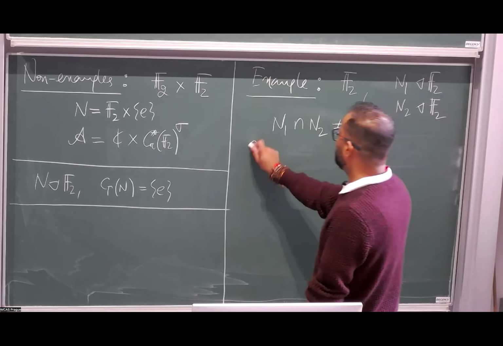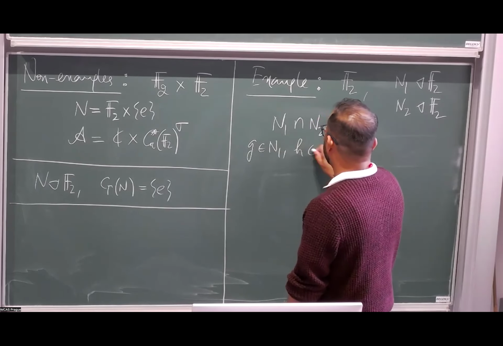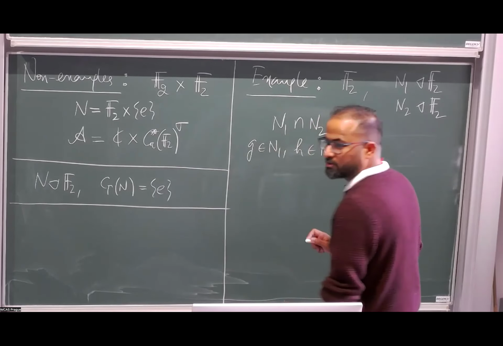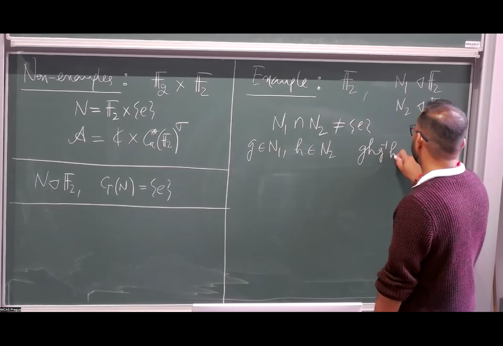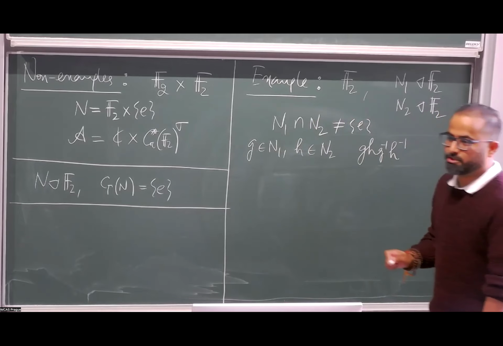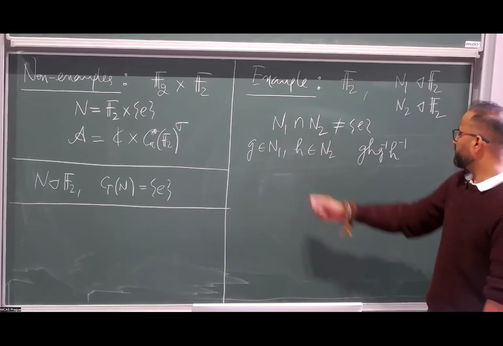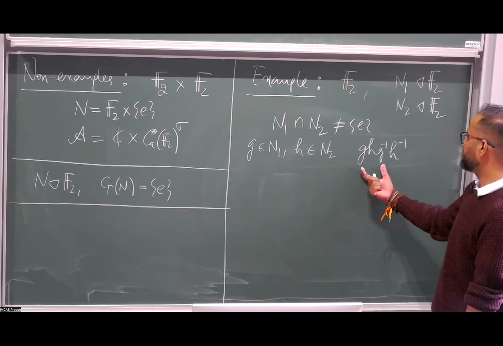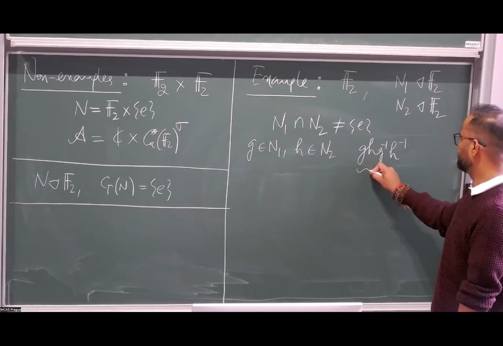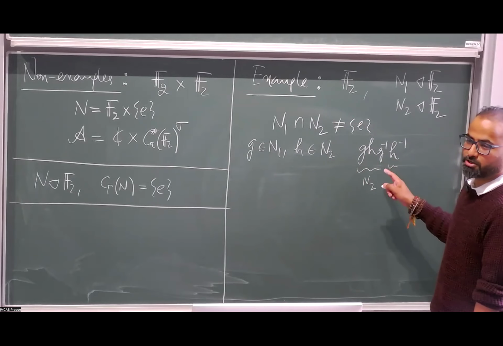Pick any g in N1 and any h in N2 and look at g h g inverse h inverse, the commutator. Because N2 is normal, this product is in N2.